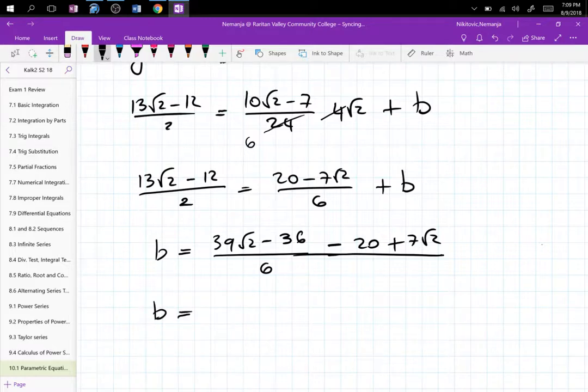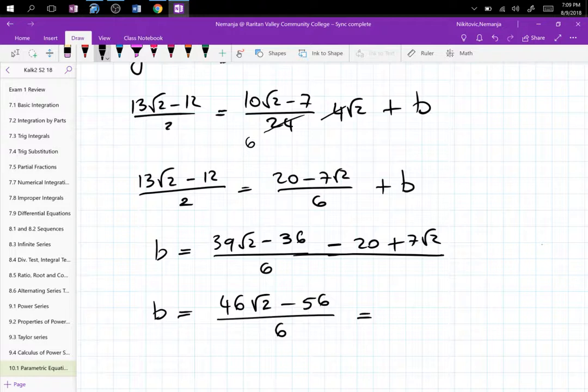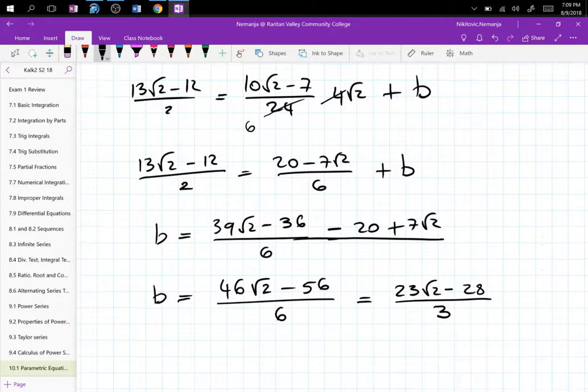And finally, b is 39 plus 7 is 46 root 2 minus 56 divided by 6, and that cancels by 2, giving 23 root 2 minus 28 over 3.